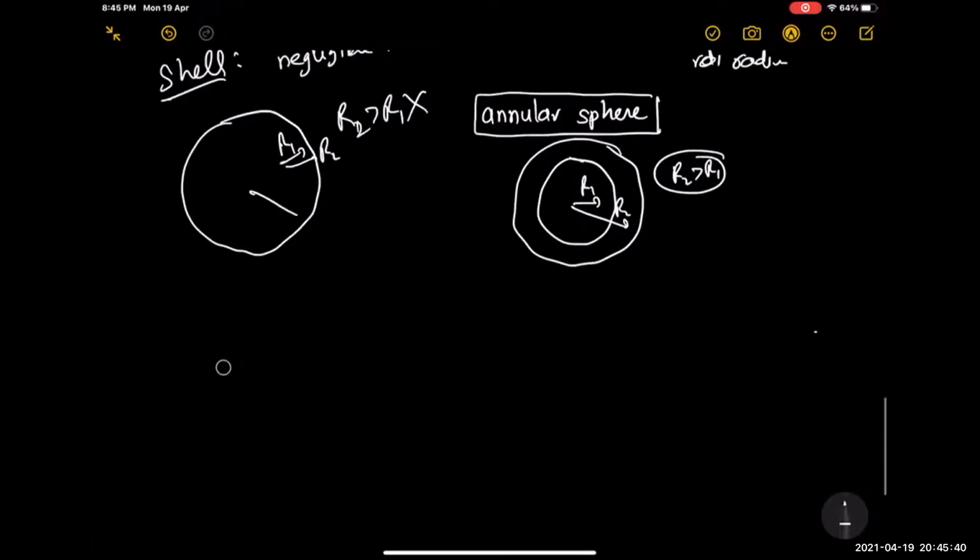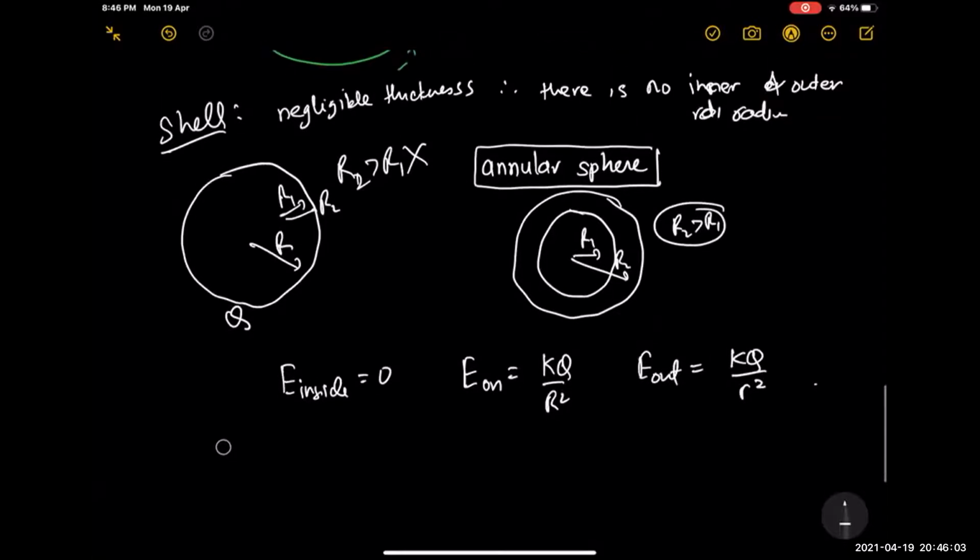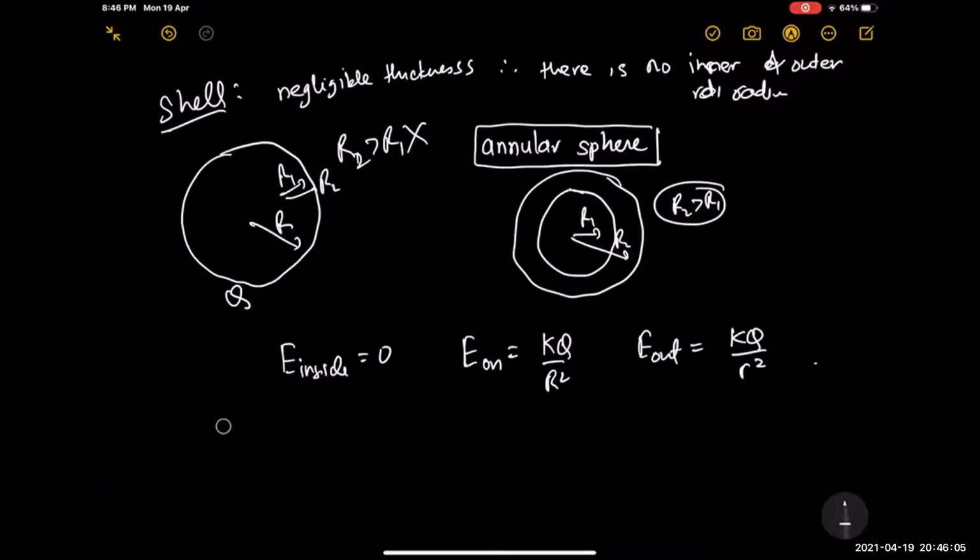A shell of radius r is given a charge q. Simply E inside is 0, E on the shell is k capital Q by r square, and E outside is k capital Q by small r square. Very same like a conducting sphere. Same like conducting sphere.